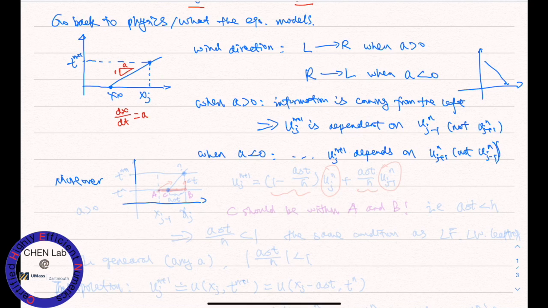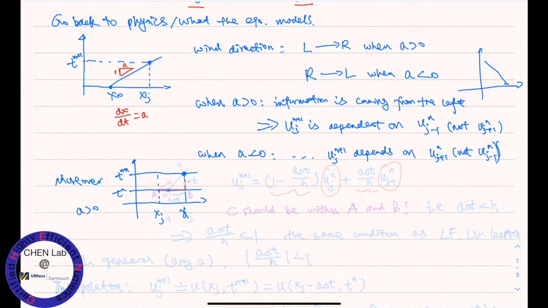So let's plot this again. Here is t_{n+1}, here is t_n, and we have the point values here. Here is x_{j+1}, and maybe here is x_j.